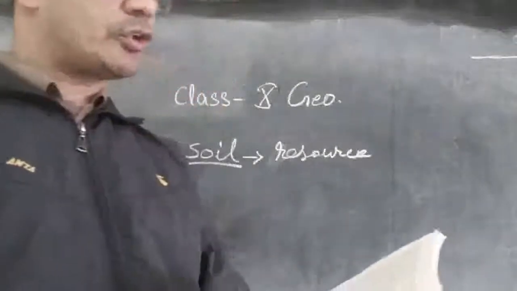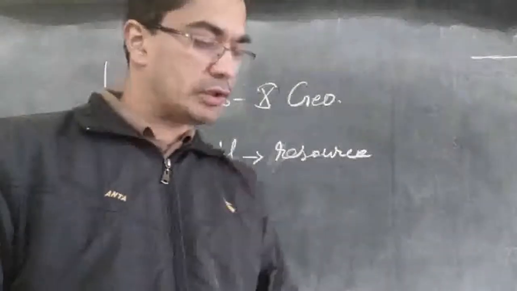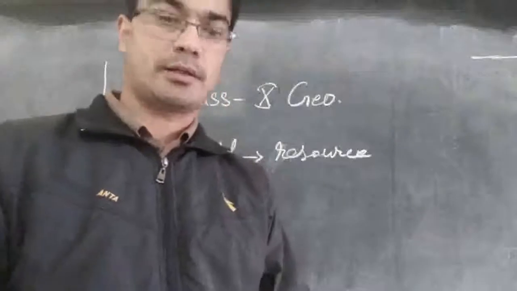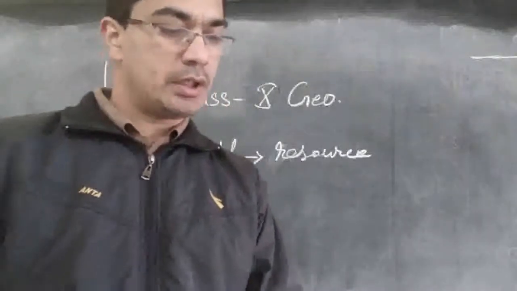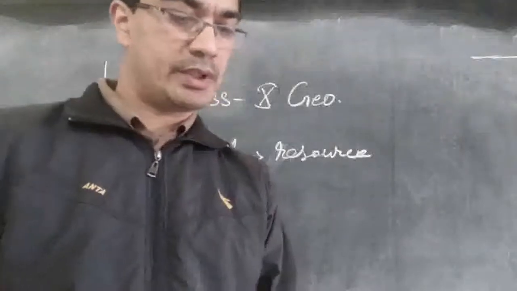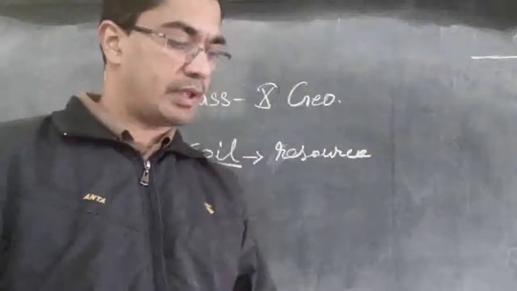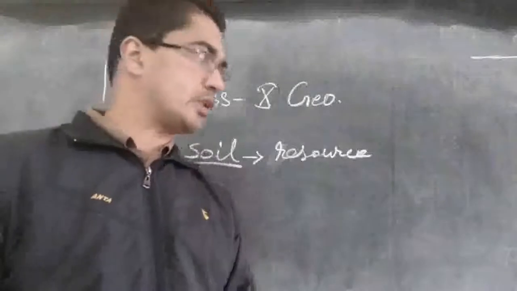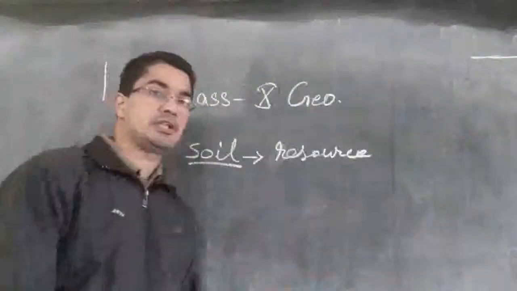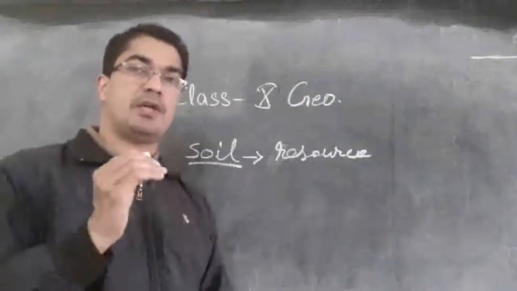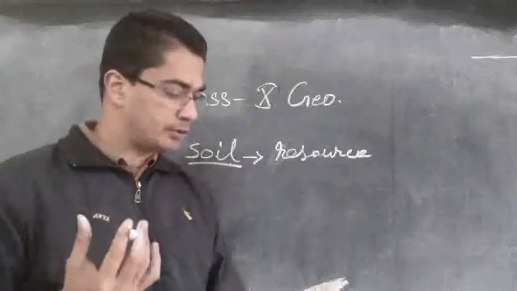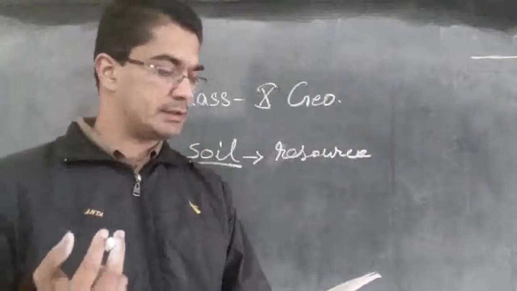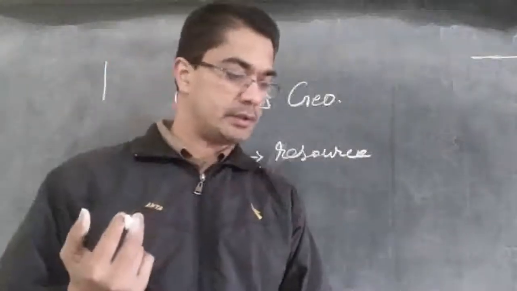Now, on the basis of the factors responsible for soil formation, color, thickness, texture, age, chemical and physical properties, the soils of India can be classified into different types. So as we said, the soil is different from place to place, and we can divide this soil into different categories based on their thickness, their color, their texture.